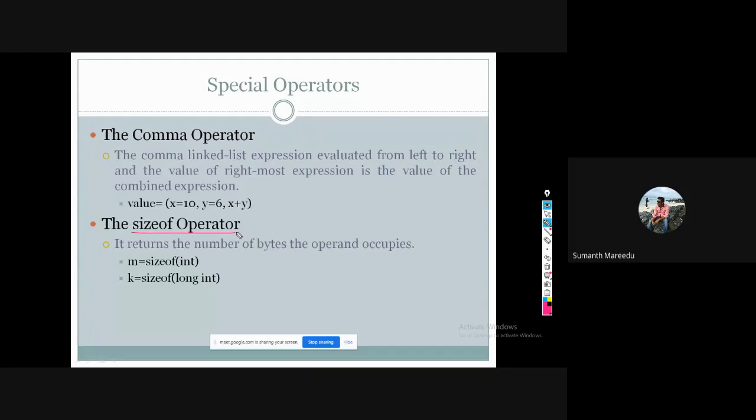How many bytes got occupied will be given by this operator.